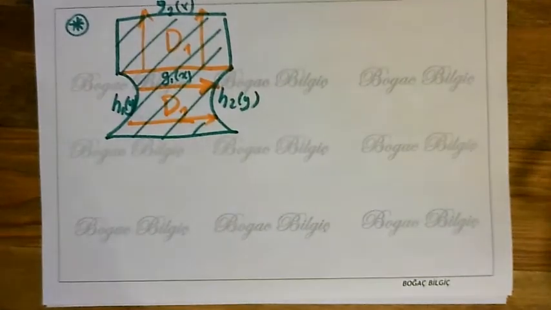In other words, the region D can be split into two separate simple regions D1 and D2.